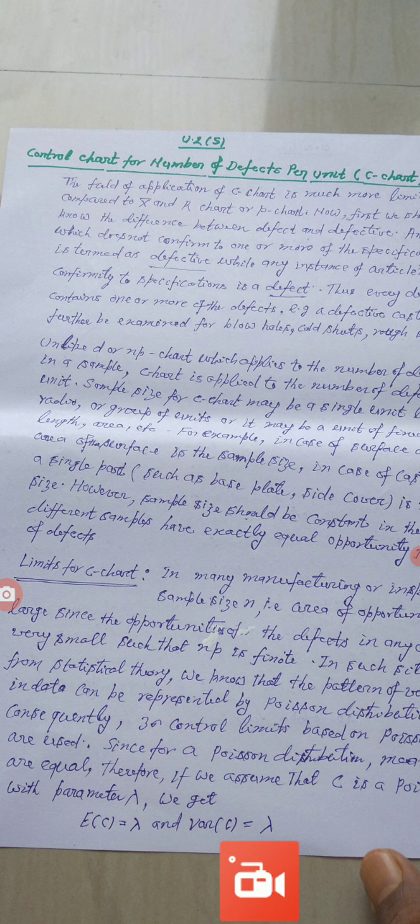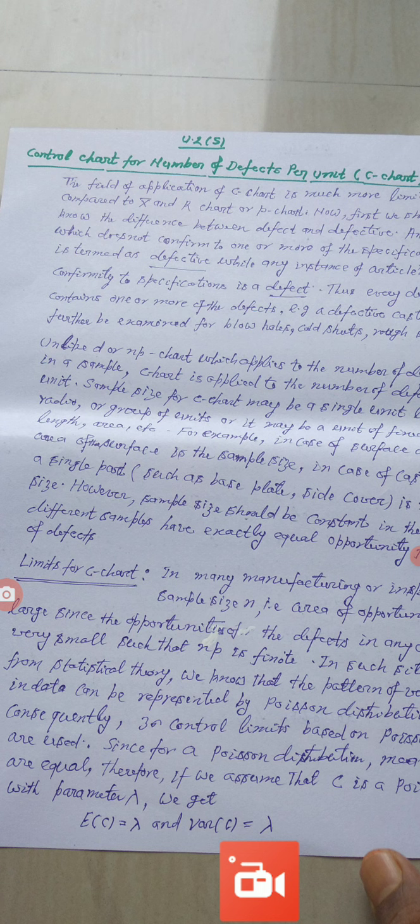Since the opportunity of defects in any one spot is very small, such that np is finite, and in such a situation, from statistical theory, we know that the pattern of variation in data can be represented by the Poisson distribution.